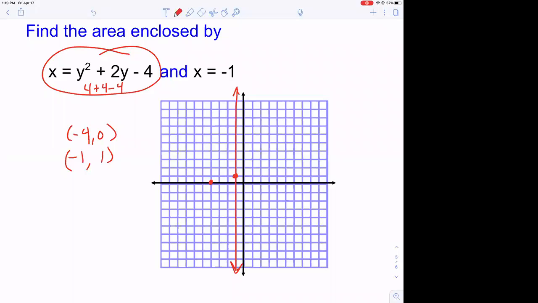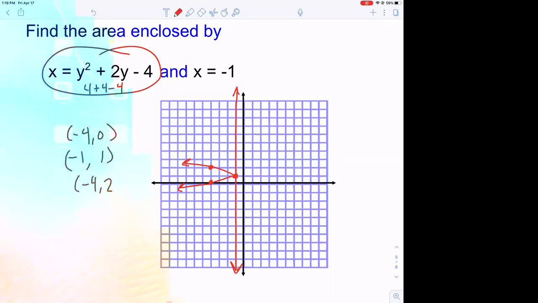So that's -4. So (-4, 2). Doesn't make much sense to me that this thing would be opening this way. Not to mention there would be no area enclosed.